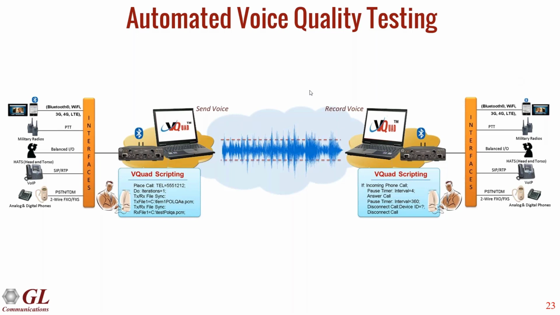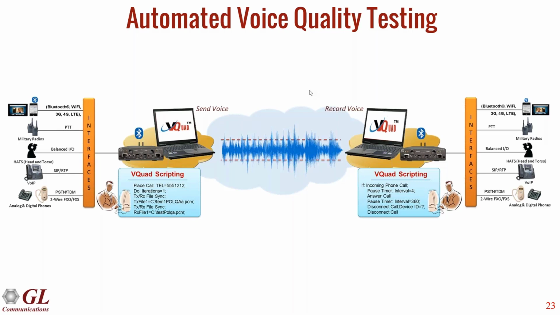You can have multiple scenarios, and if you have connected 12 devices, you can run those 12 devices at a time, and it will function independently. Once you place a call, you can send the file, the other end will record the file, and the recorded file can be sent to the VQT application, and it compares it with the original file, and it gives you the MOS score.